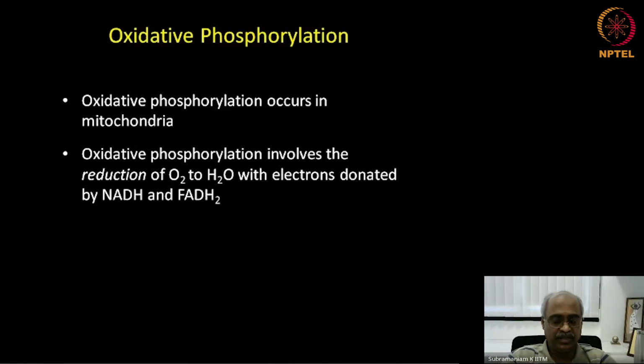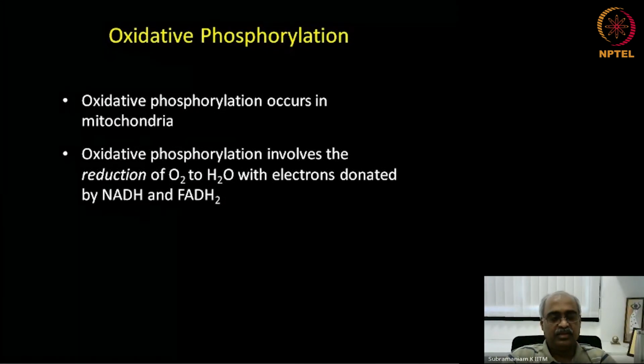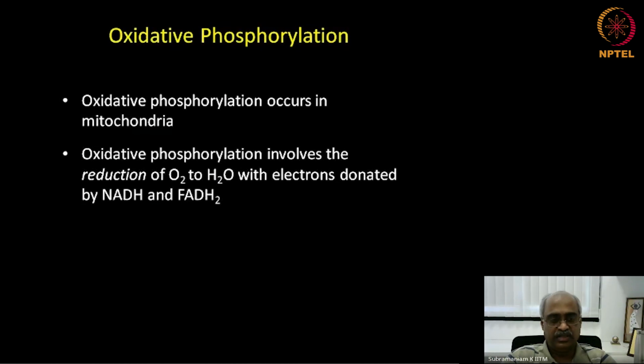NAD carries a hydride ion, which is the form in which it carries electrons, and FADH2 carries 2 hydrogen atoms. So that is the outcome from the TCA cycle.